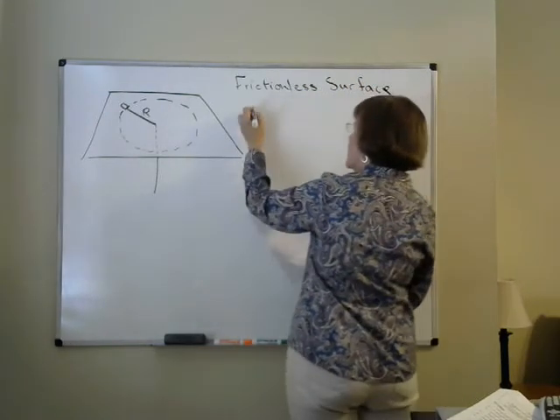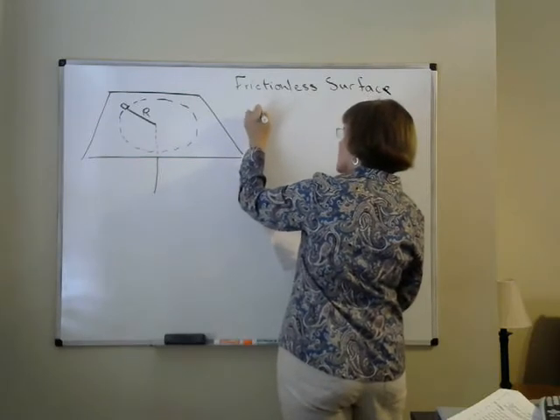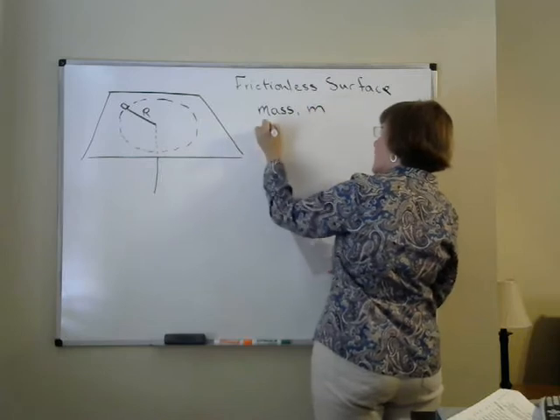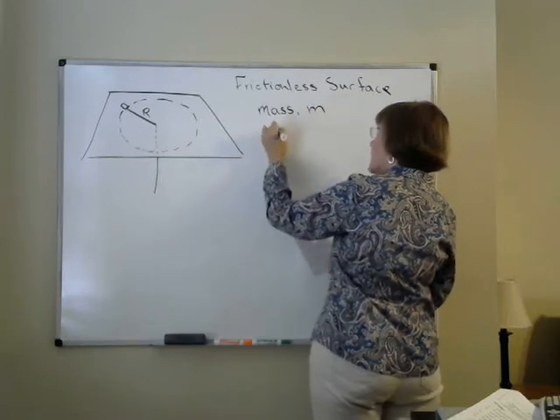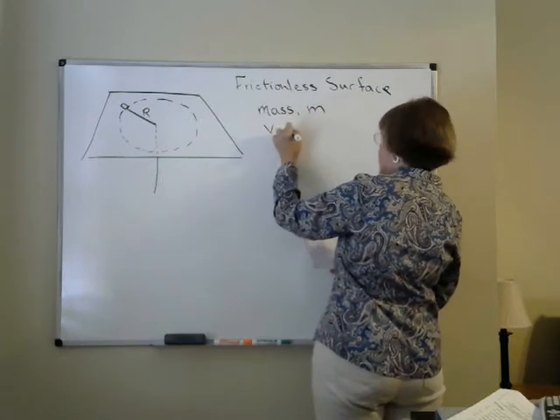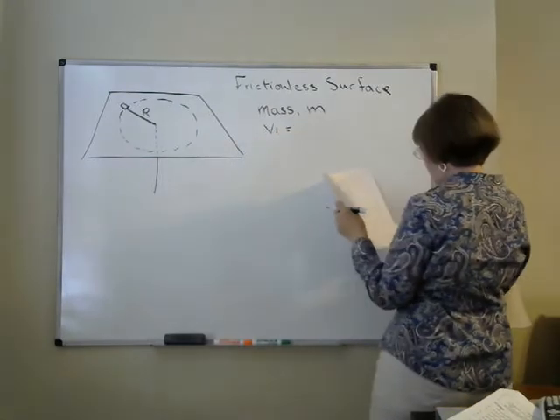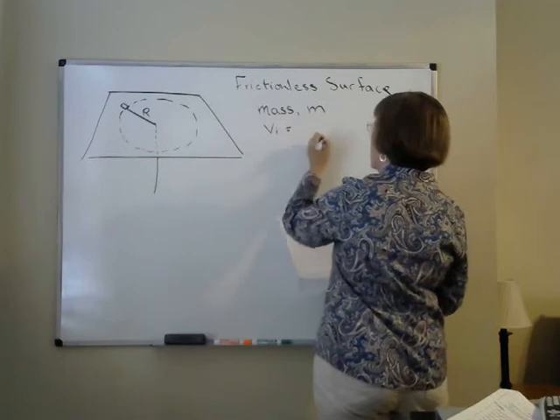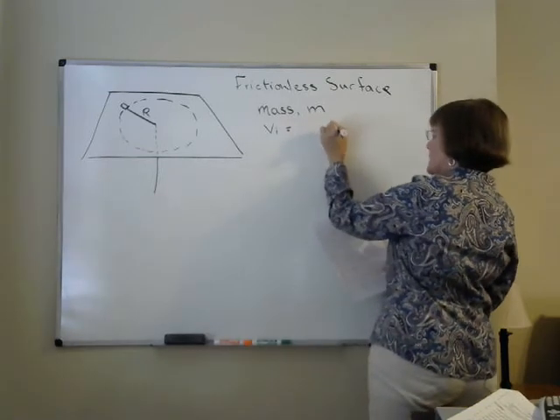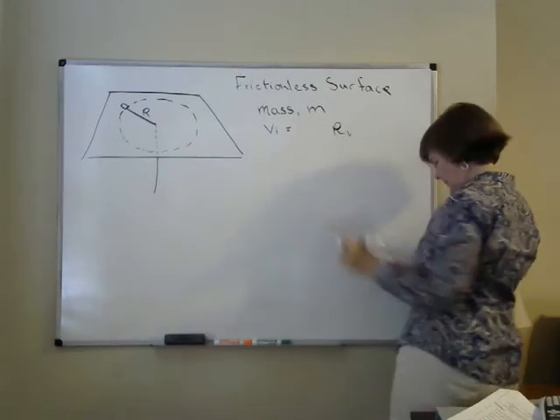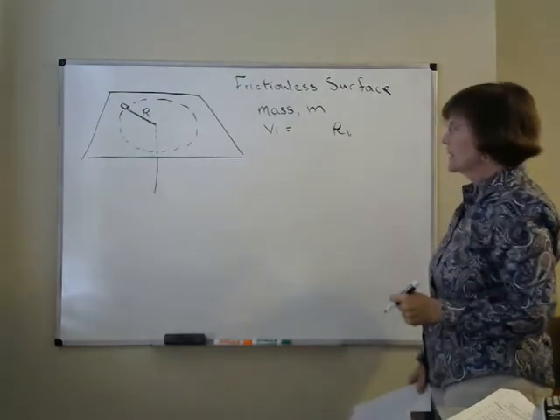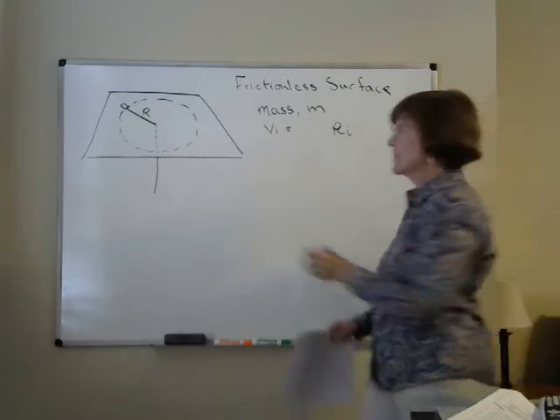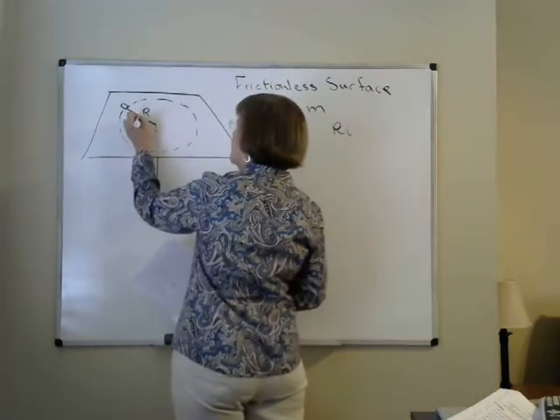It's moving as a mass M, and it has an initial velocity VI. They don't give us an actual number, and it has an initial radius called Ri. All right, if you pull the string from underneath here, it's going to change its radius.